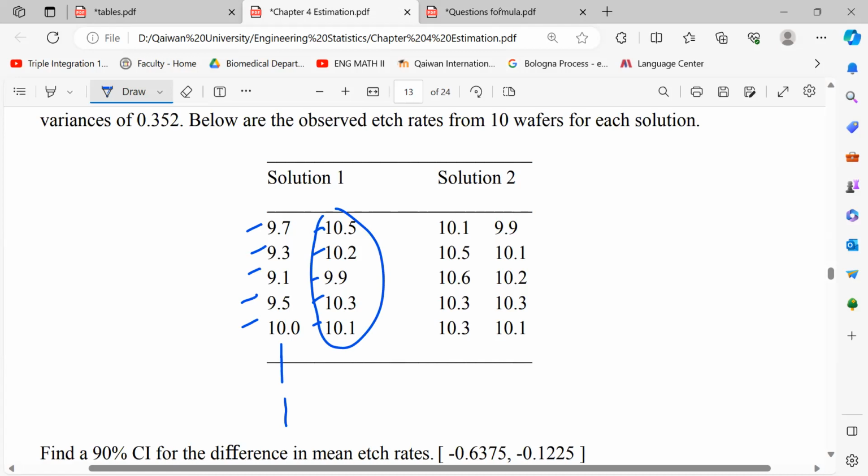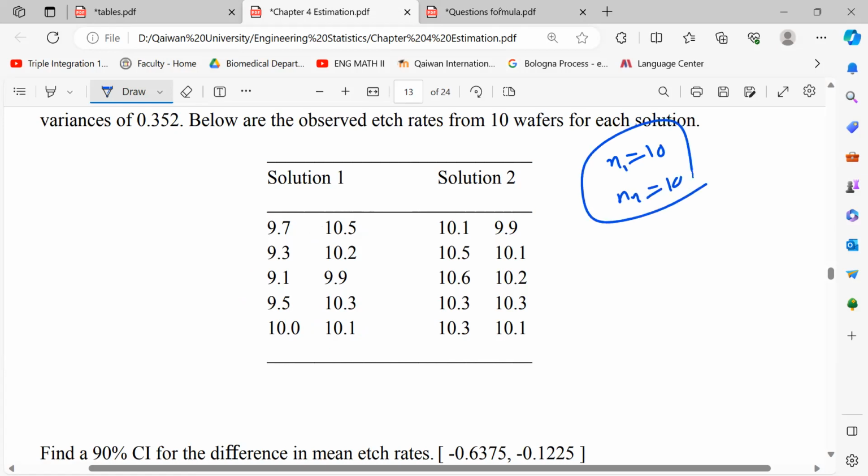Let's say n1 is 10 and n2 is 10. n1 is the number of data, so the sample size is 10 here, and n2 is 10, both are 10. If this is for the difference of population means, it's in the case that n1 and n2 are less than 30.